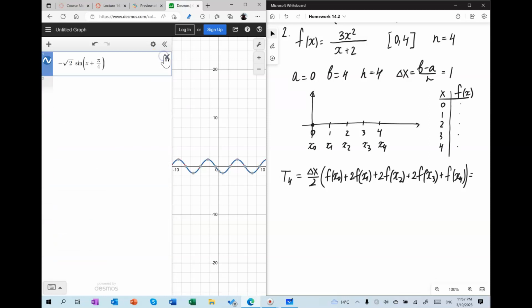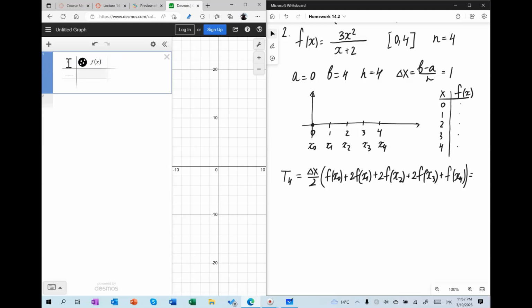I, however, would like to... Well, there are two ways we can use Desmos here. We can just use tables of inputs, outputs. So here's my x, here's my f of x. Actually, I don't know if it likes it this way.